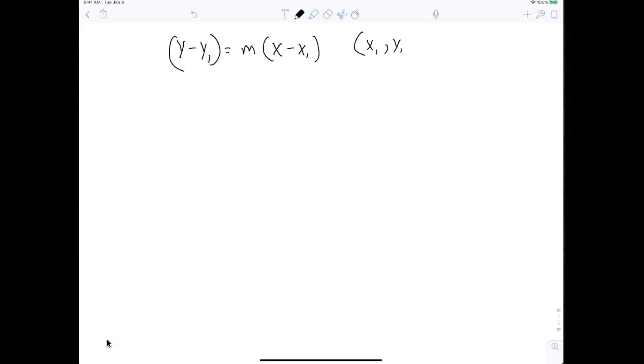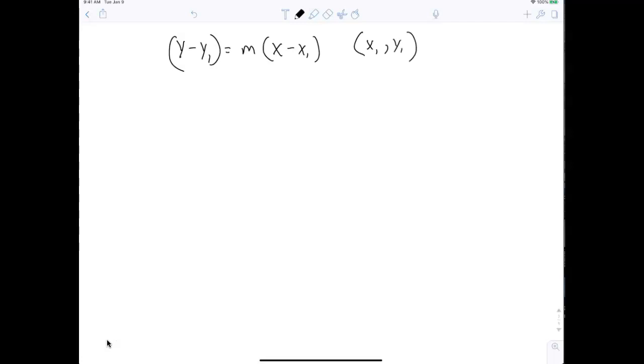The first thing I like to show kids, or try to remind them, is that the equation of a line in point slope form was y minus y1 is equal to m times x minus x1. Now, the point that was on the graph was x1 comma y1.